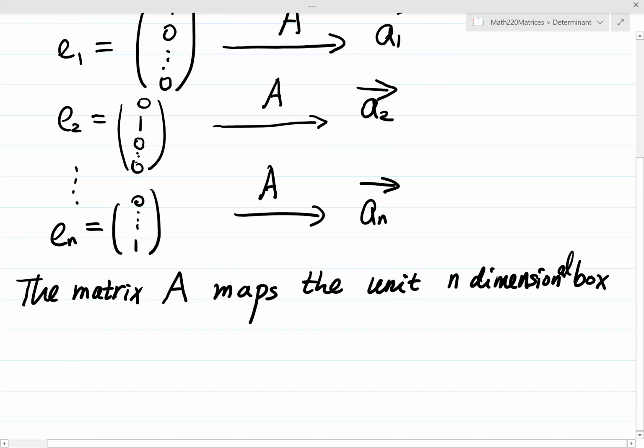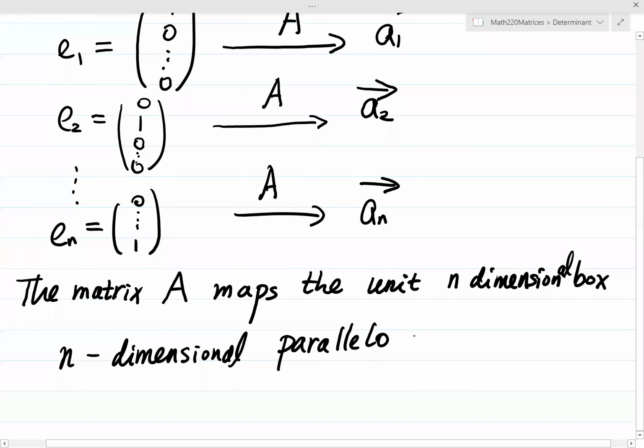into an n-dimensional object. In dimension 2, it is a parallelogram.